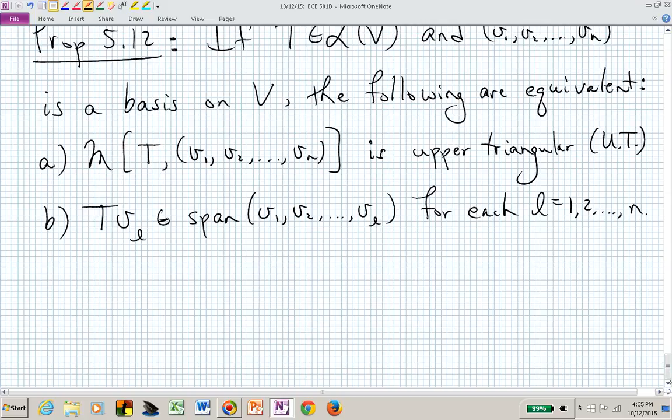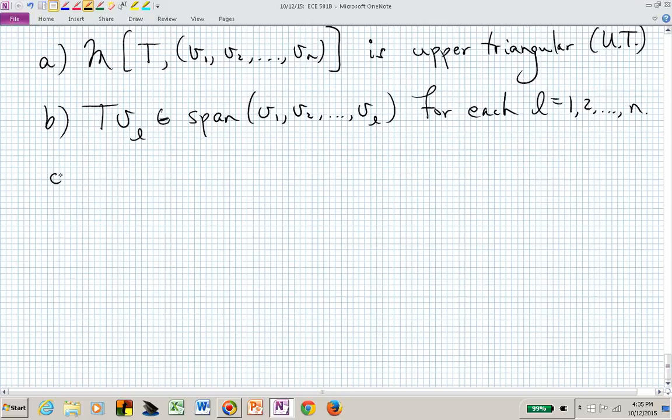T V2 is going to be in the span of V1 and V2, and that is equivalent to the matrix being upper triangular. And we've already shown that in the first example that we started with today.